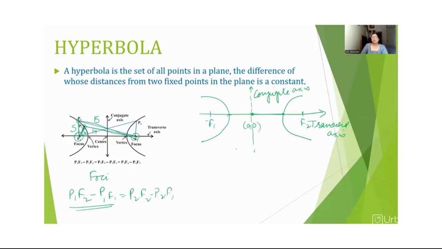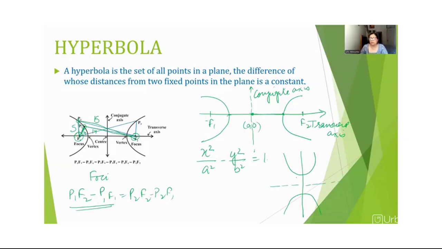So the equation of hyperbola when we have major axis, like transverse axis on x-axis, is x square by a square minus y square by b square is equal to 1, right? This can also happen that we have this transverse axis on y-axis and conjugate axis on x-axis, right?